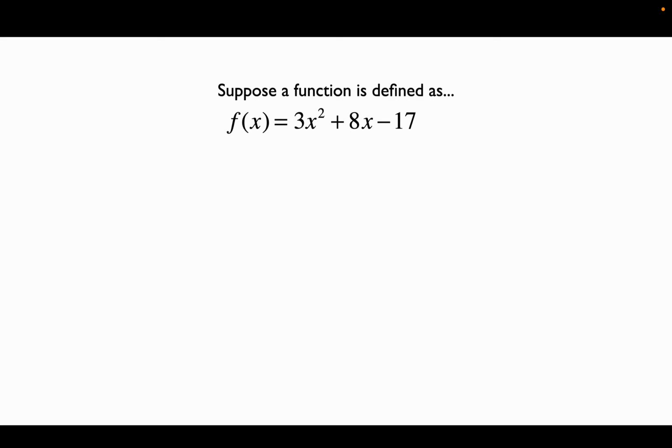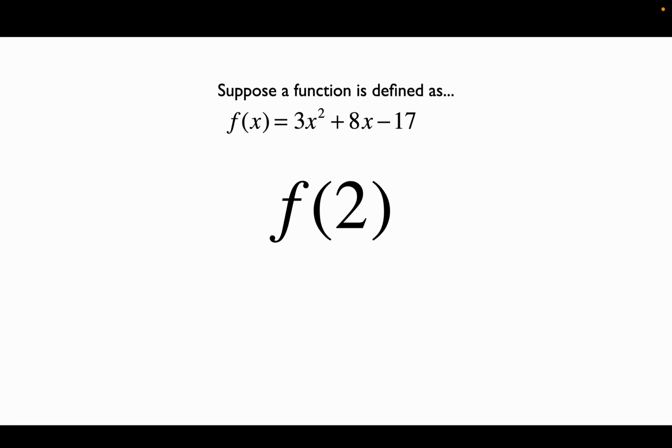All right, so let's say I have a non-story problem function. Let's say I just have something called f of x equals 3x squared plus 8x minus 17. So there's a rule for this function given, not just a description, oh, this relates time and distance. But maybe it does. Maybe this relates time and distance of something.